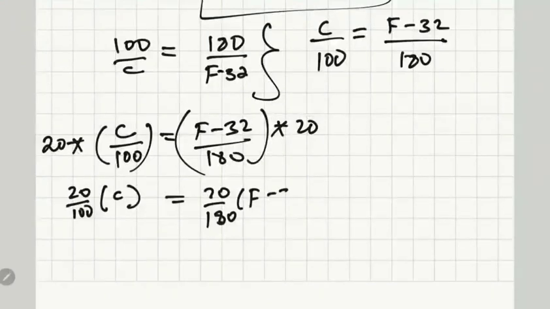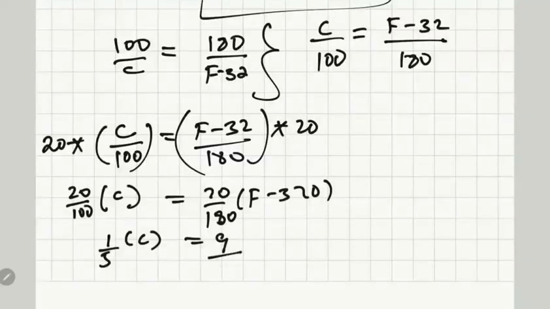Now 20 divided by 100 is 1 over 5. So this is 1 over 5 of C is equal to, 20 over 180 is 1 over 9, of F minus 32.